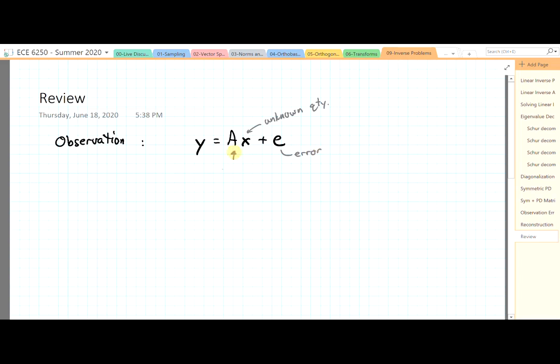This is our known observation matrix. And y is, of course, our observation.